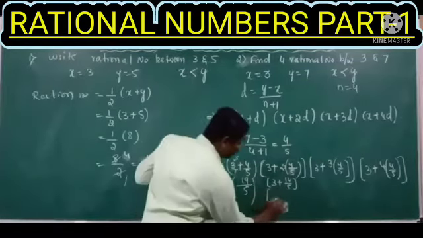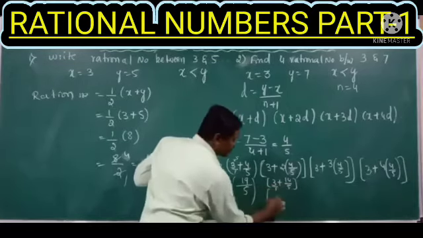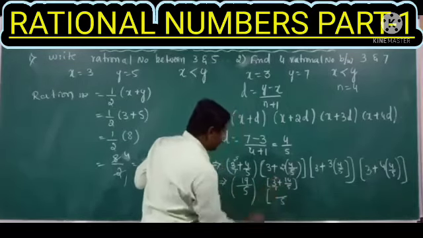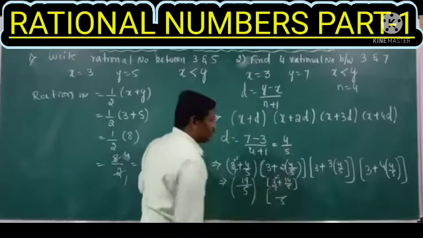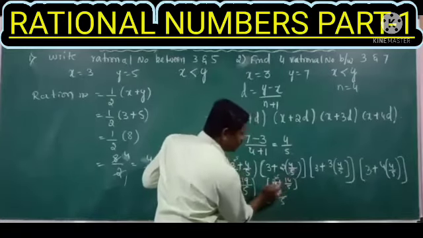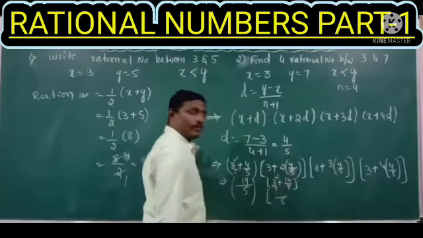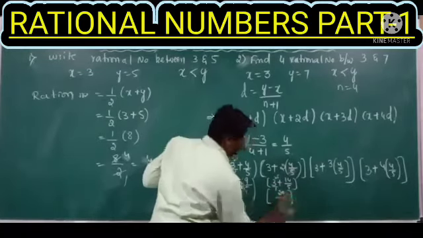Now again the LCM is 5. So what do I have to multiply here? 5 3s are 15, 15 plus 14 is 29.